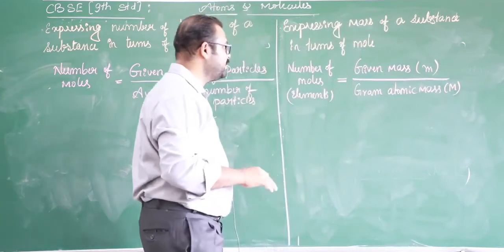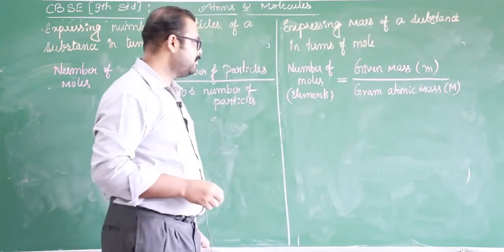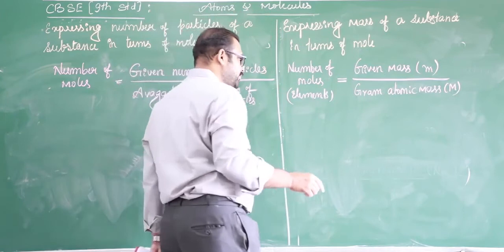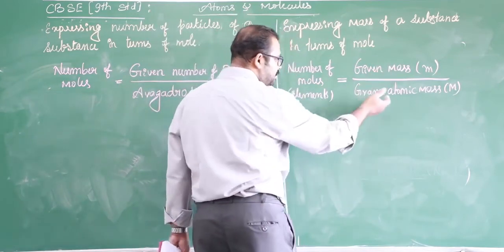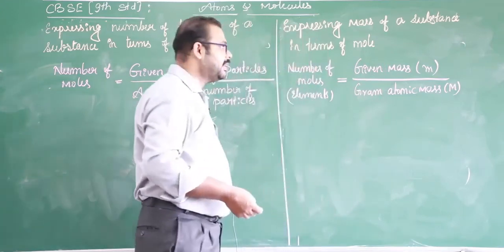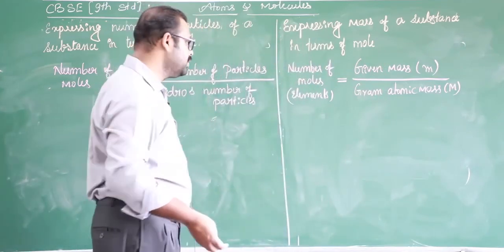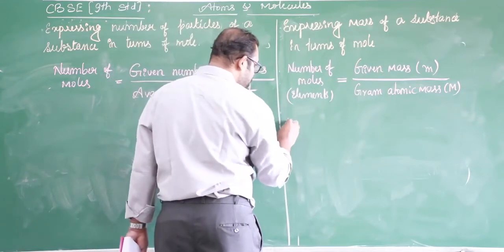If it is given in terms of mass while finding the mole, we compare the given mass and the gram atomic mass, then we get the mole. So this is for elements, and then for compounds.